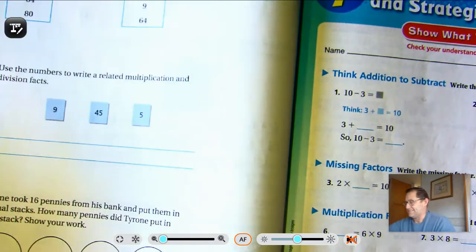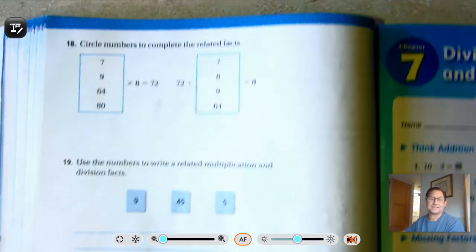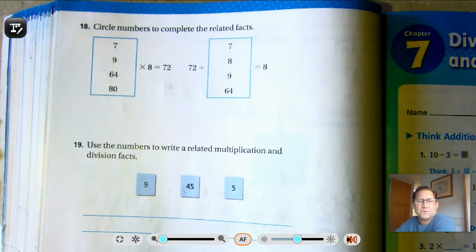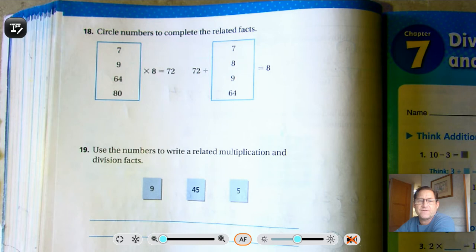All right, 18. Circle the numbers to complete the related facts. What number times 8 is 72? And 72 divided by what is 8?